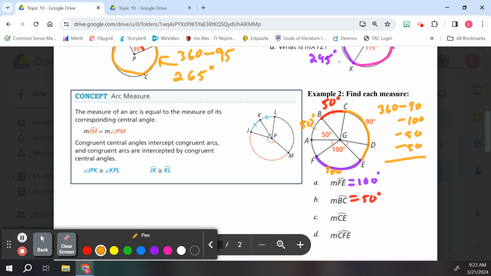Yeah, 70. But we're dividing it by 2 because these are two congruent parts. So divided by 2, that leaves us with 35 degrees. So if this is 35, CE is going to be 90 plus 35, which gives us a total of 125 degrees.